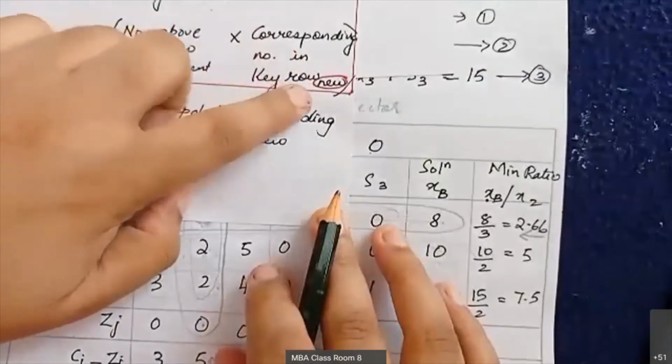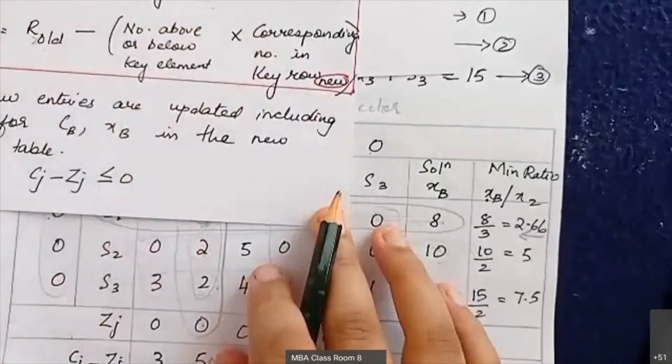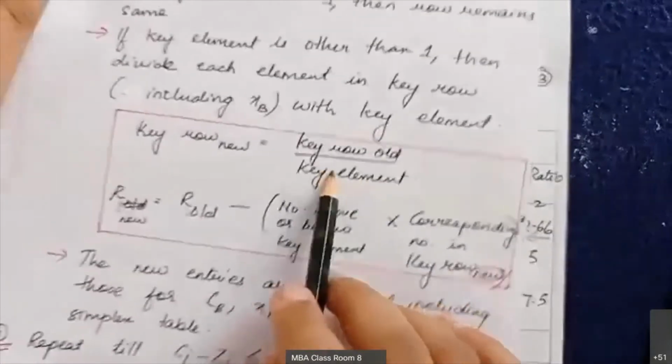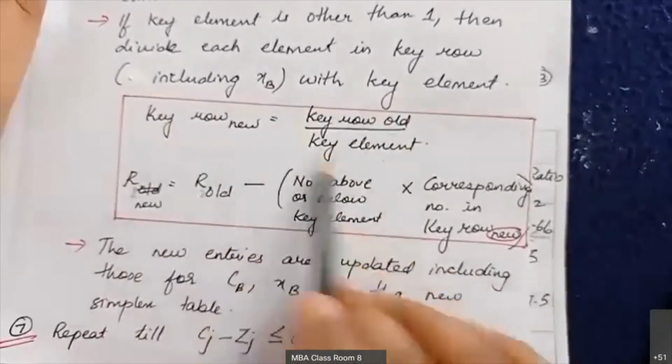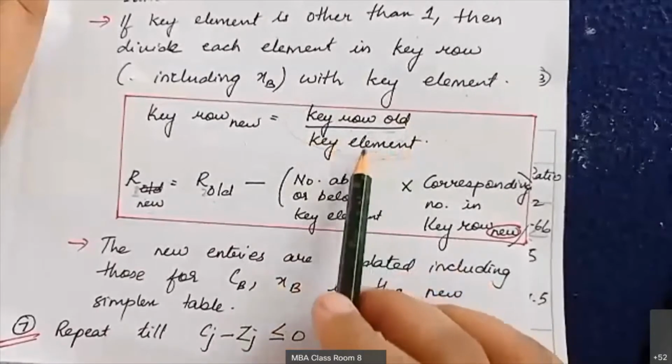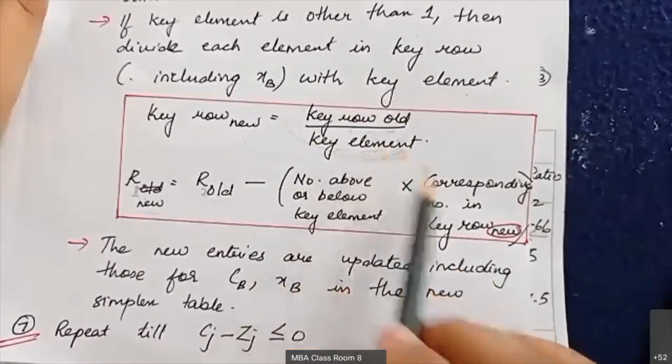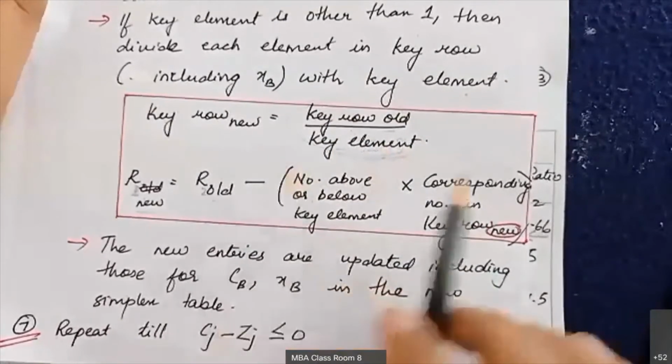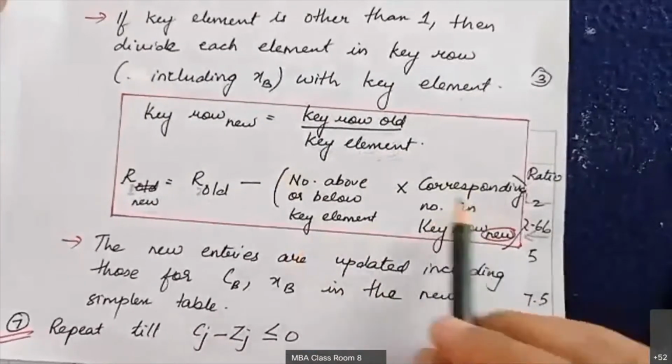Then we have one more number, that is the corresponding number in the key row new. Key row new means we have already changed the key row with this operation, right? We have got a new row for the key row, and that row's number will be taken over here. You don't have to worry, we'll solve the problem and then you will understand.